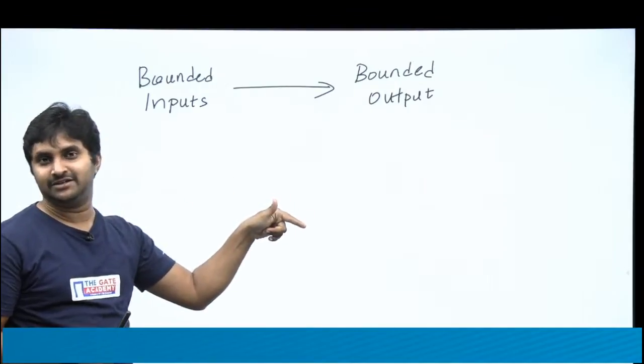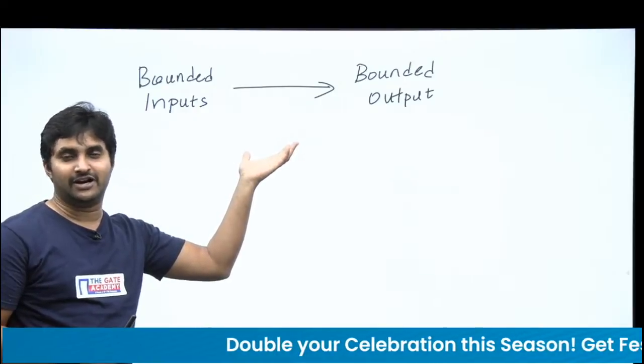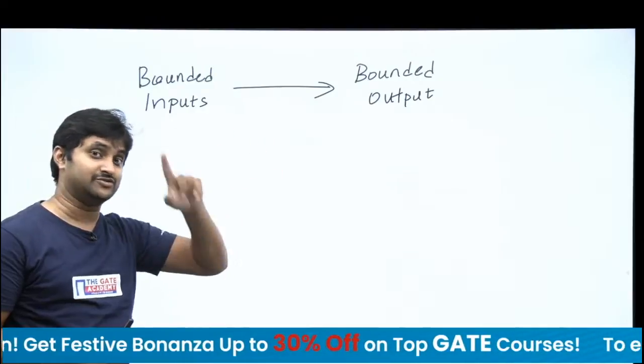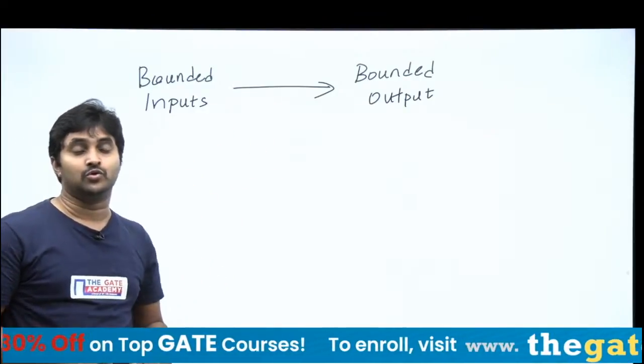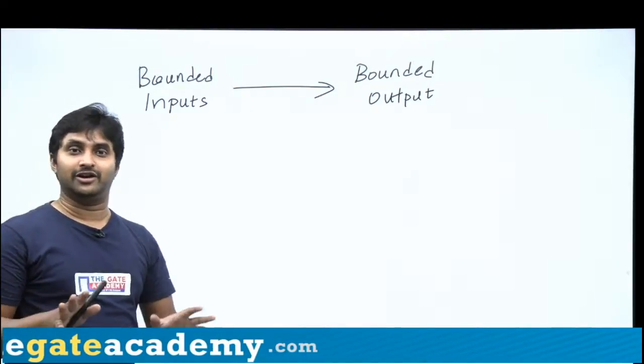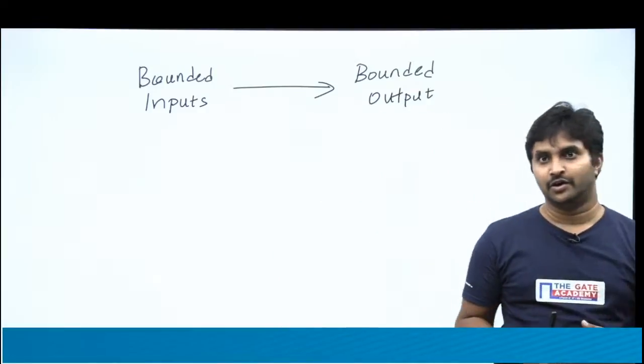Will you accept that? Arey sir, the first case it has satisfied, so let me call it a stable system. No, you will not say that, right? You will say no, it has to satisfy for every case. You will not take that risk, right? Yes or no?